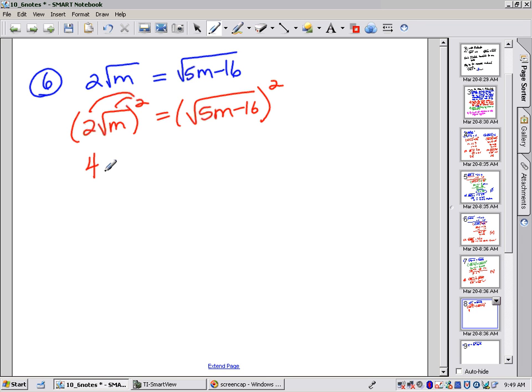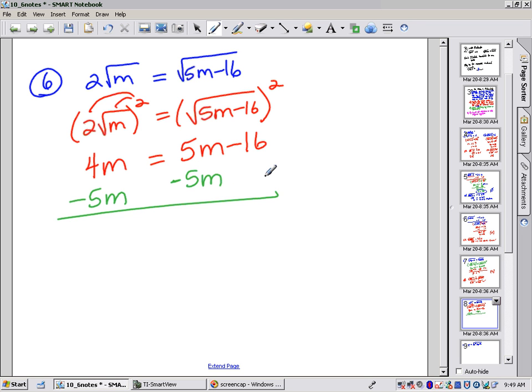Square the square root of m just gives us m, and that's equal to 5m minus 16. So we can subtract 5m from both sides to get negative m is equal to, be careful here, a negative 16. So divide by negative 1 to give us m is equal to positive 16.